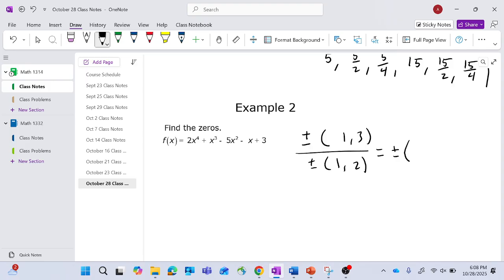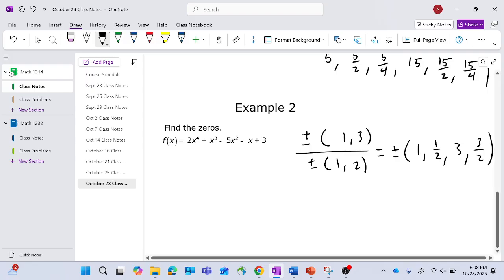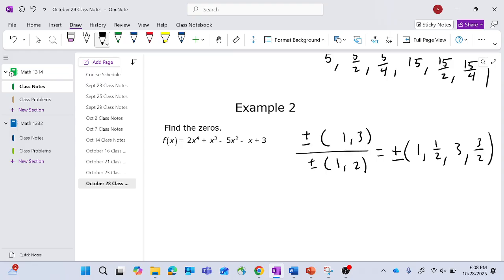So all my possible rational zeros are 1 over 1, which is 1; 1 over 2, which is 1/2; 3 over 1, which is 3; and 3 over 2, which is 3 over 2. Everyone with me?